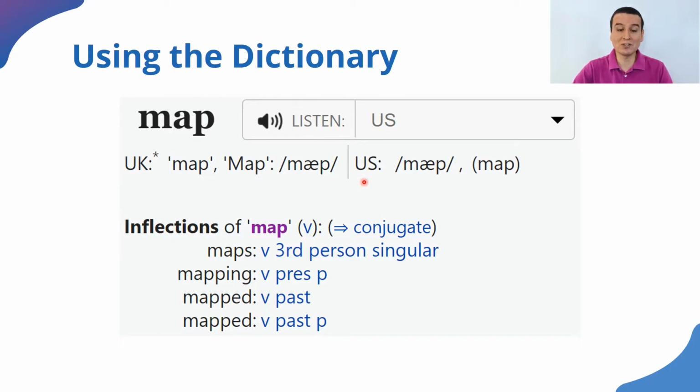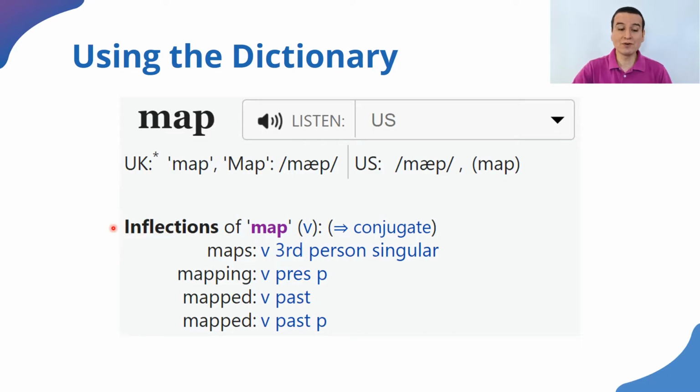So there you have the pronunciation. And because the word map is also a verb, they have the inflections. It means how the word is written in the past tense and with the third person singular and with the ing, the present participle, etc. As you can see, some abbreviations there for verb and past, present, etc.